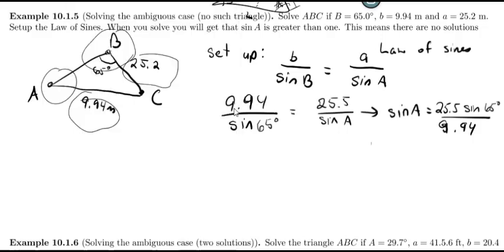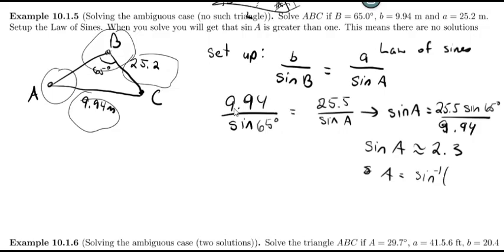I'm going to approximate, saying sine of A is approximately equal to 2.3. I really don't even care about the decimal because at this point I am absolutely sure that if I try to do inverse sine to both sides to figure out what that angle is, I'm going to get an error on my calculator.